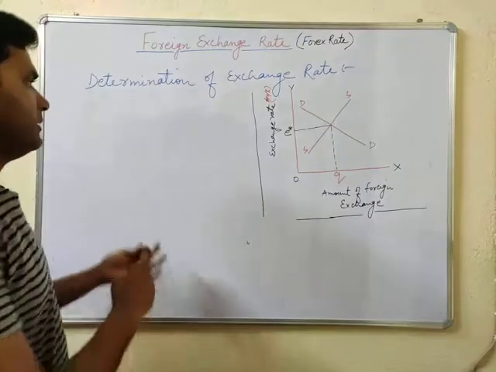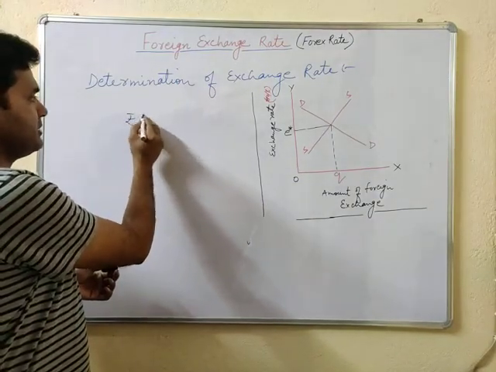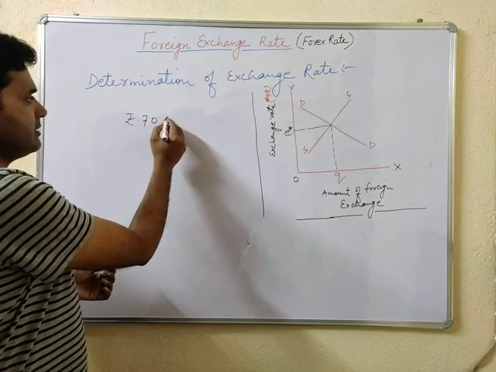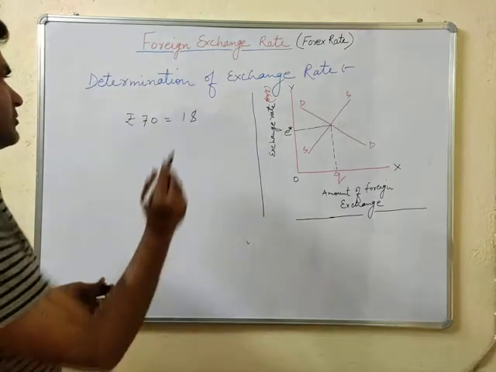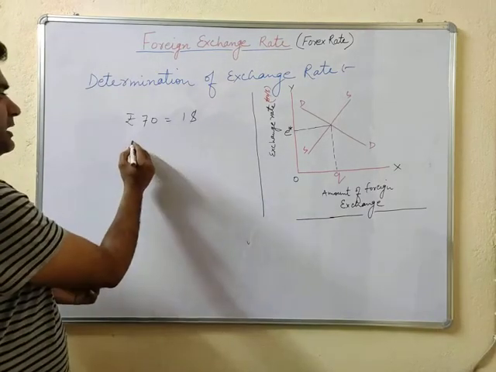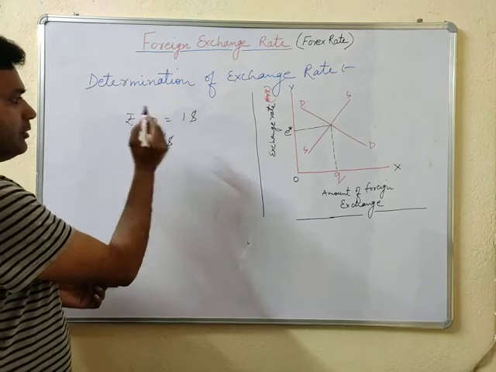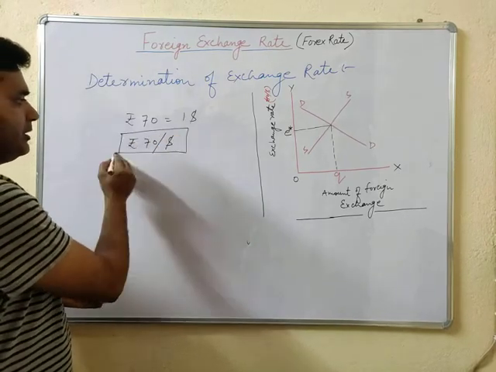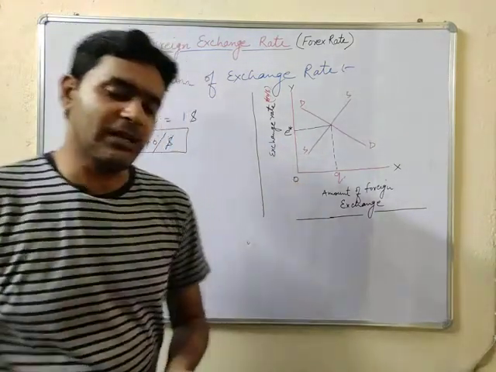So here we are taking the example of rupee and dollar. We can write this exchange rate like this: rupees 70 per dollar or per American dollar. This is the exchange rate depicted in this given diagram.